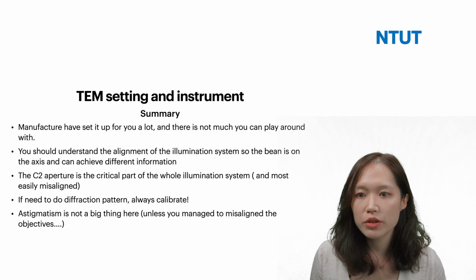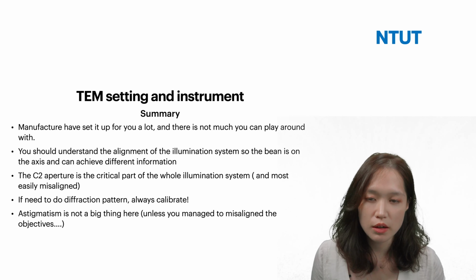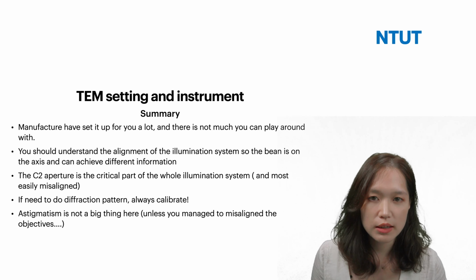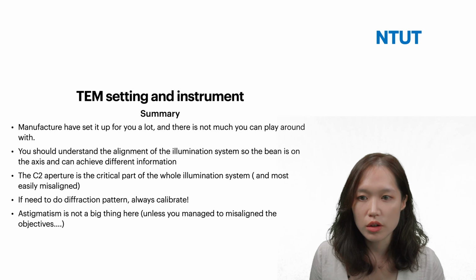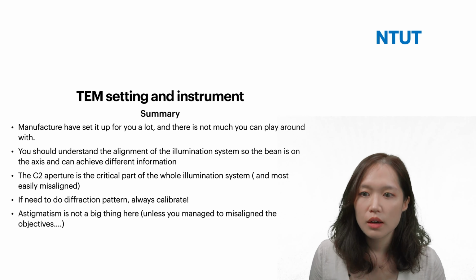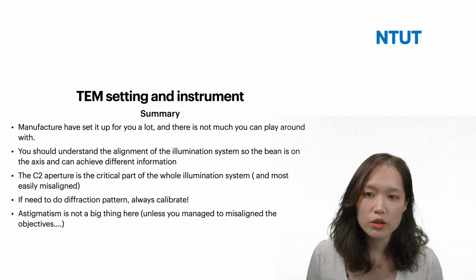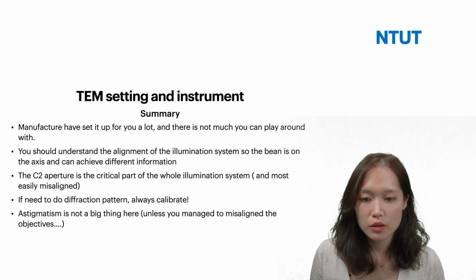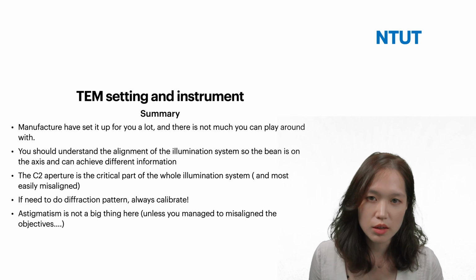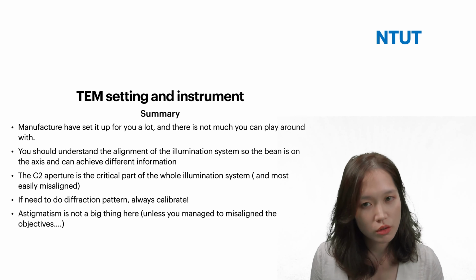The C2 aperture is the critical part of the whole illumination system, and probably the most easily misaligned. So if you have a bit hazy information, please contact the manufacturer. Do not try to do anything yourself. And if you need to do a diffraction pattern, please remember to always calibrate. If you don't calibrate, your data is mostly useless, and you have to redo them all again.